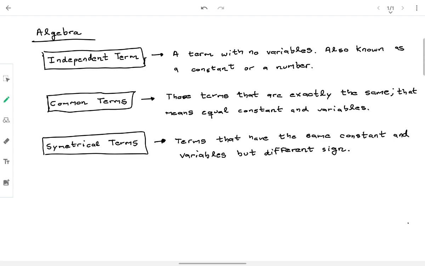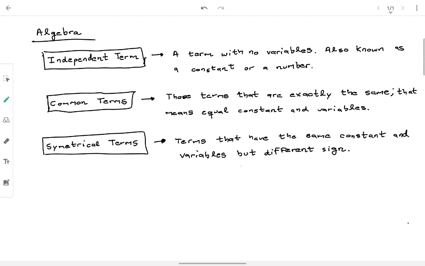Remember, in the last screen we saw like terms. In like terms we have the same variables but maybe not the same constant. In common terms we need to have the same constant and the same variables also. And in the last part, we will have symmetrical terms, terms that have the same constant and variables but different sign.